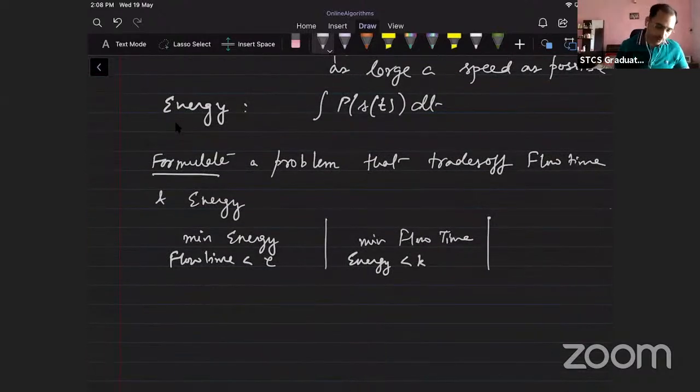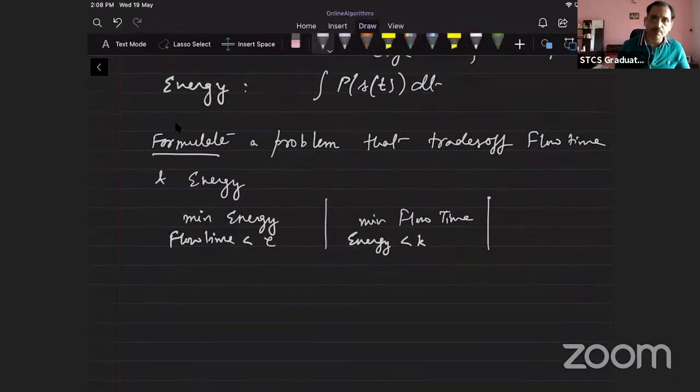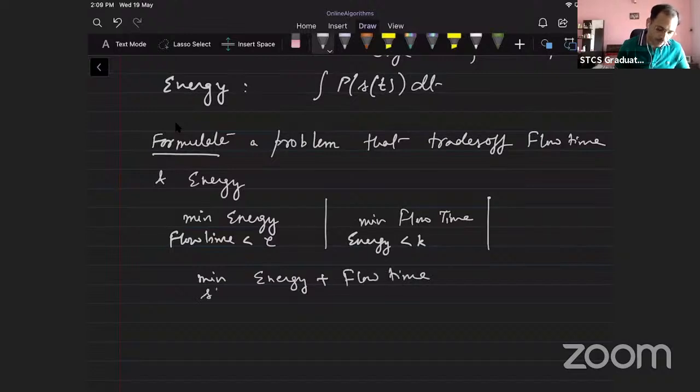So there are many ways in which you can do it. One simple way, or the more popular way, is to minimize a linear combination of energy plus the flow time. So minimize this with respect to s of t. That's the only variable we have.